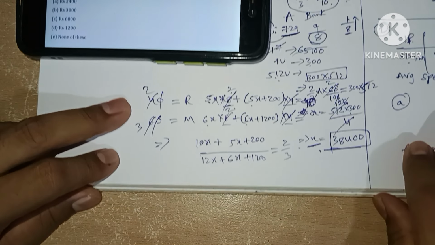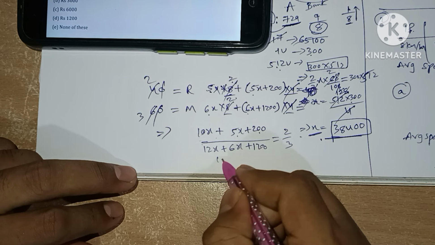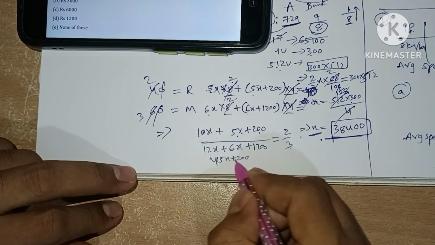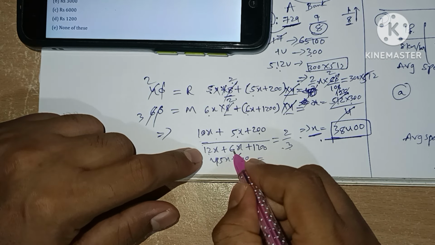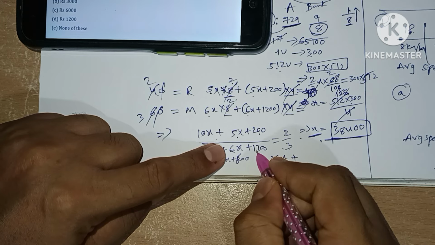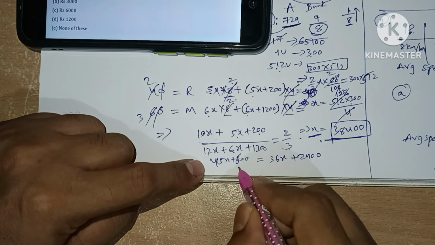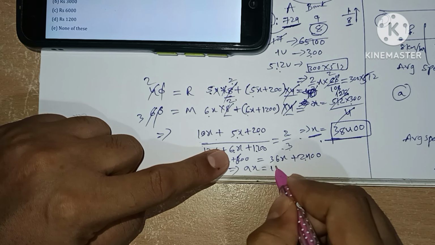This is what we have. So 15x plus 200 into 3 times means 45, 3 2 times 600 equals to, this is 18x, 18 2 times is 36x plus 1200 2 times, which will be 2400. Now subtracting these, we have 9x equals to 1800.